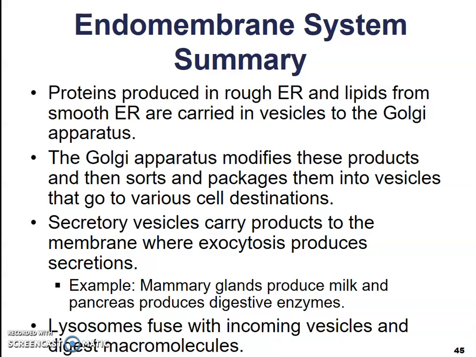Exocytosis is simply, it's like cell pooping almost. It's where the cell just sends stuff out to get rid of it. Okay, so mammary glands producing milk would be an example of this as well. Lysosomes fuse with incoming vesicles and digest macromolecules.